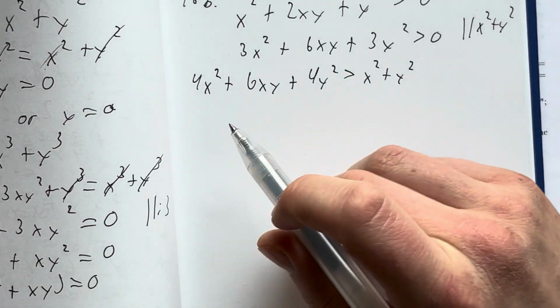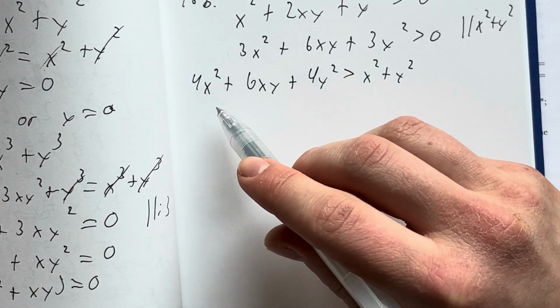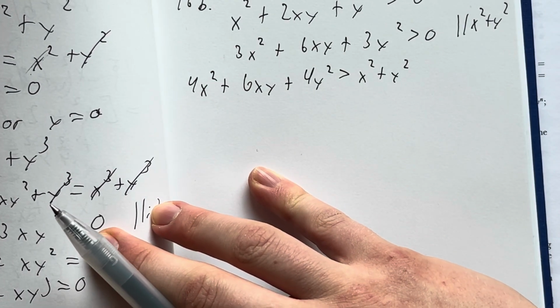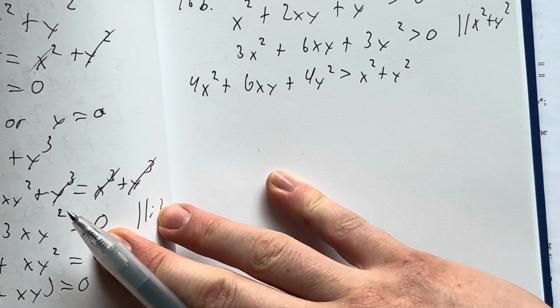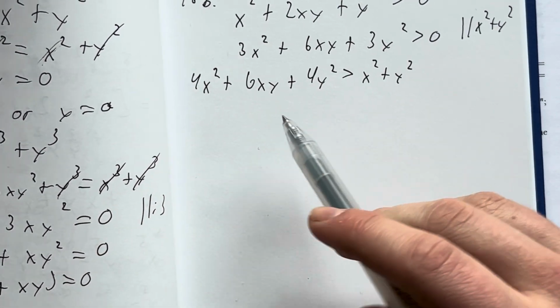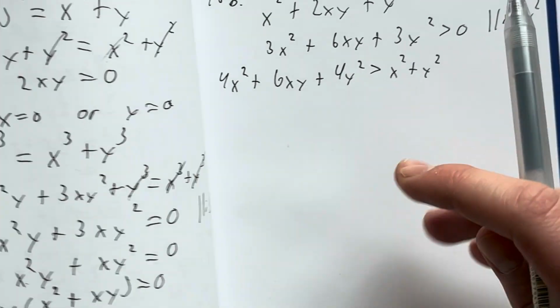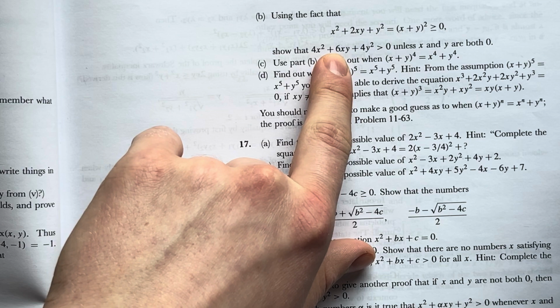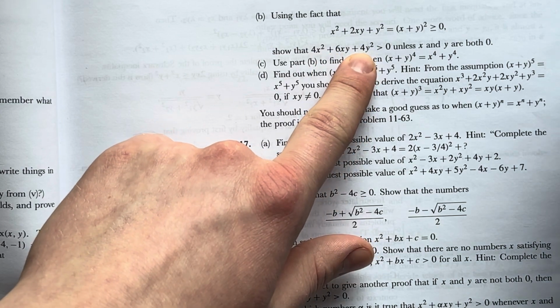And, well, this is the expression that we wanted: 4x^2 + 6xy + 4y^2.